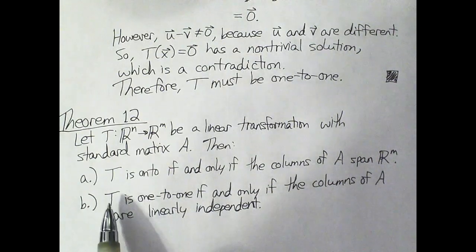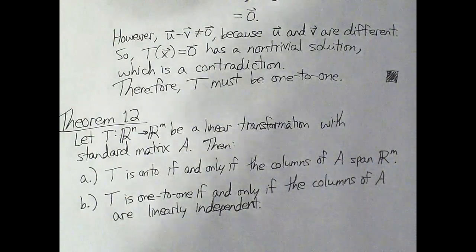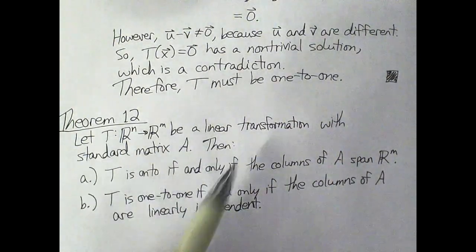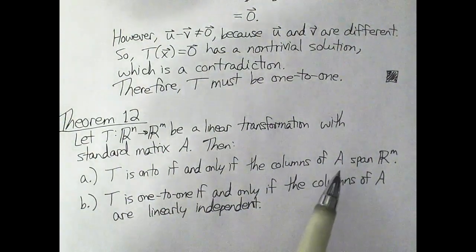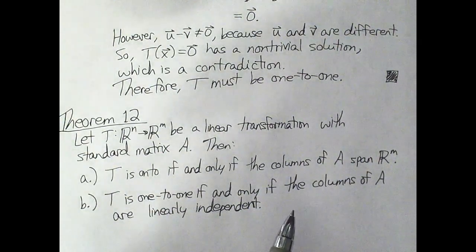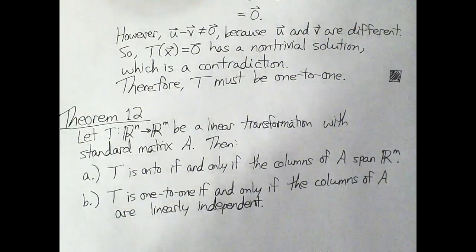So again, we want to know if T is 1-to-1, and we turn it into a question about its matrix. This whole theorem is very practical, because it uses skills that we already know from previous lessons to check for these properties. And I think that we're going to use this theorem often. I've decided that we're not going to prove this one right now.